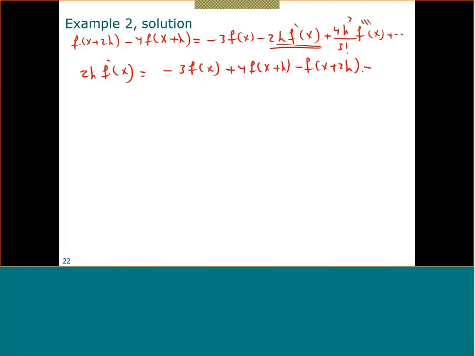This is plus, because I will just move this one here, and this is as it is. This is 4h cubed over 3 factorial f triple prime, etc.